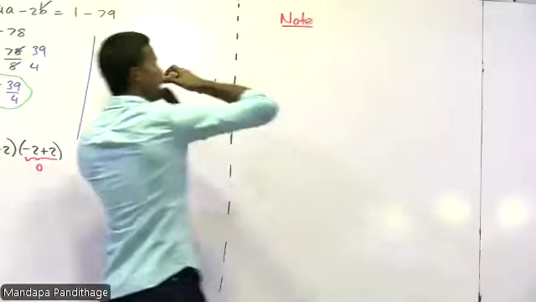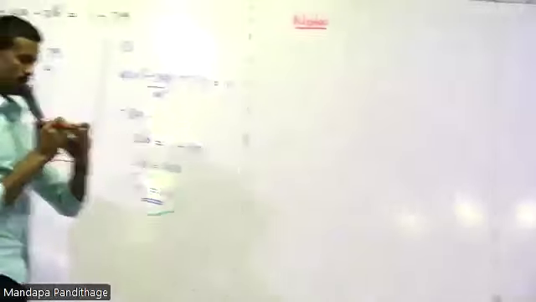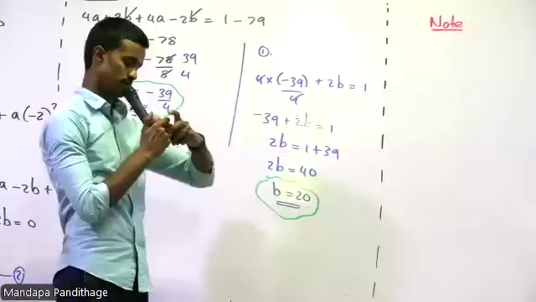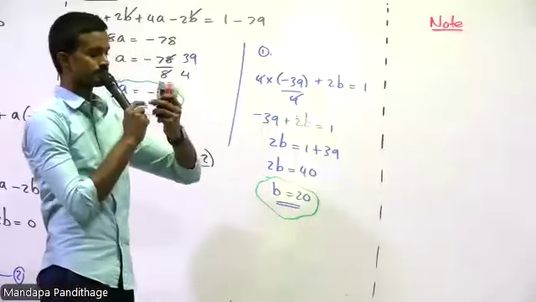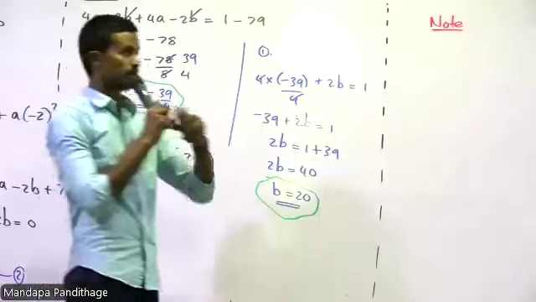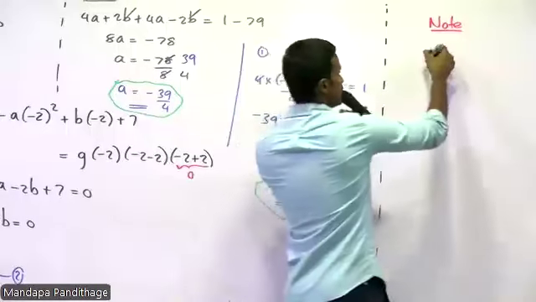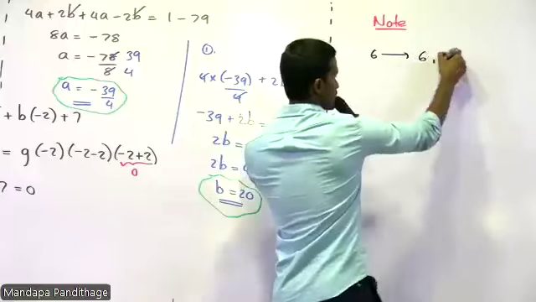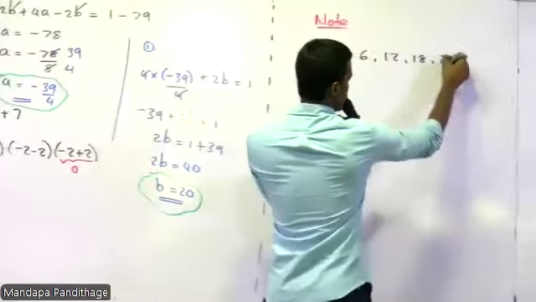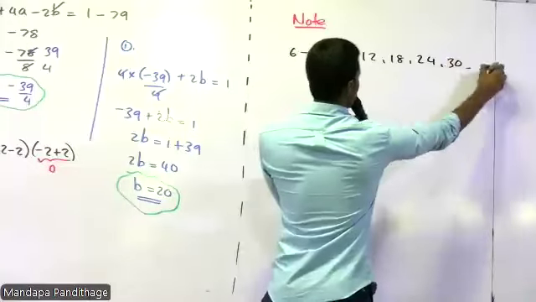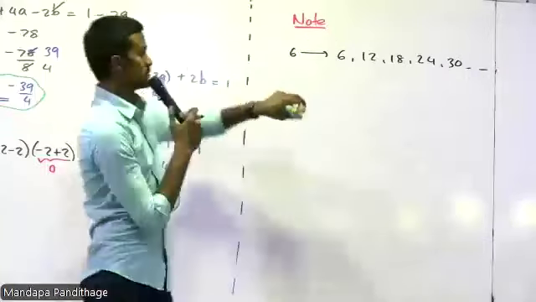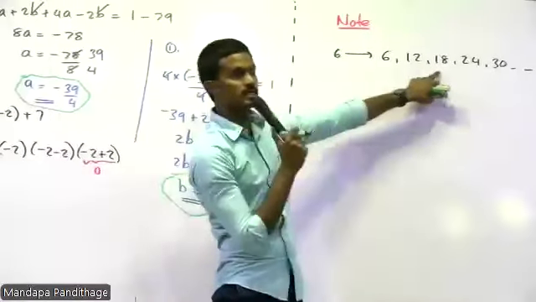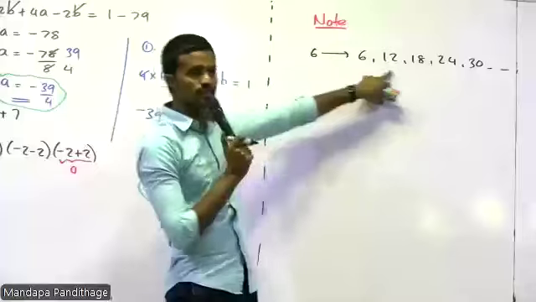Okay. So if I write the products or multiples of 6, you can write 6, 12, 18, 24, 30. So these are the multiples of 6, which means 6 is a factor of these numbers.